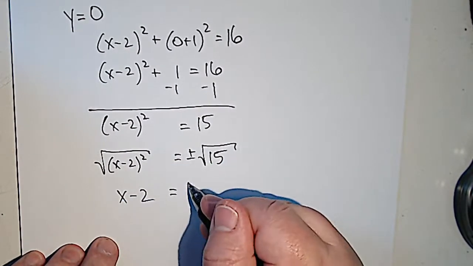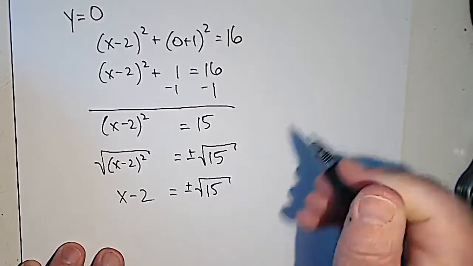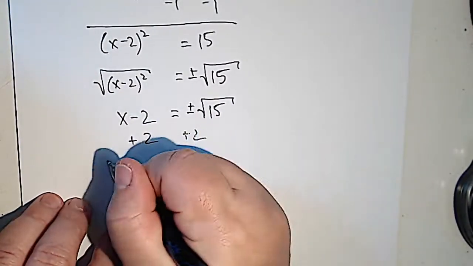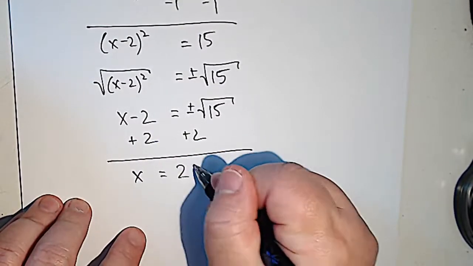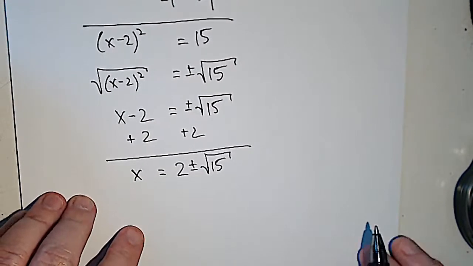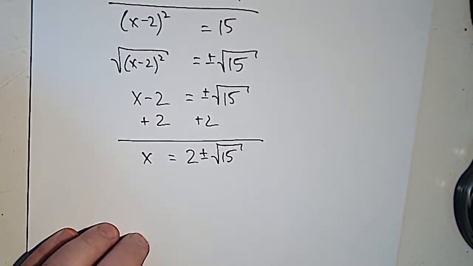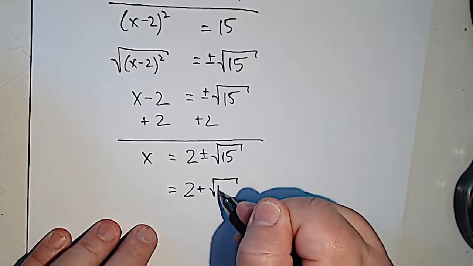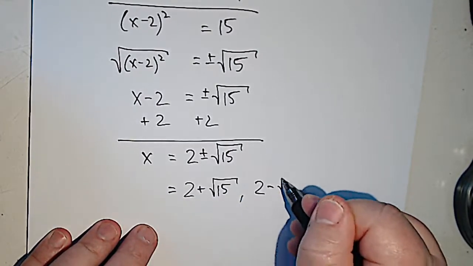Sometimes a radical is just a radical. Plus 2, plus 2. You guys are going to be so good at math when we're done with this. If you've been following along doing this, you're going to own the world. So my x is 2 + √15 or 2 - √15.